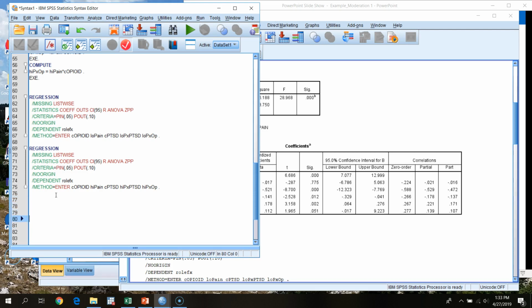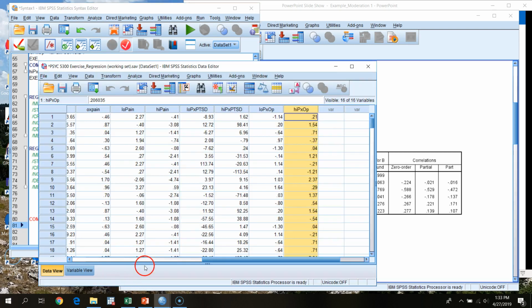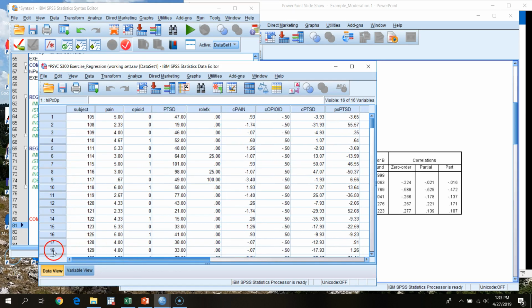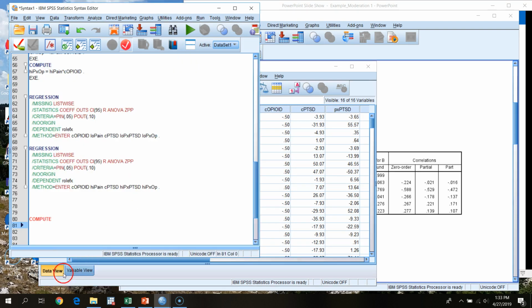I'm going to create again a new interaction, because in my data, I already have a variable, my initial opiate variable, where no use is 0 and use is 1. Okay, and so what I can do is go through and compute a new interaction term.